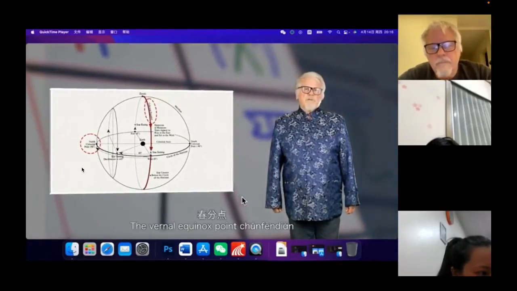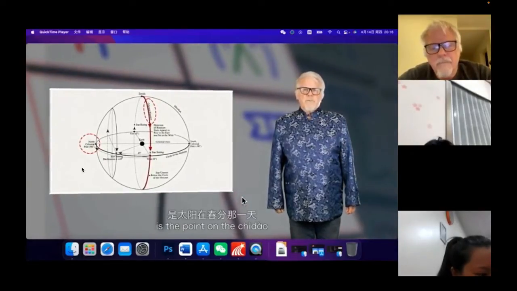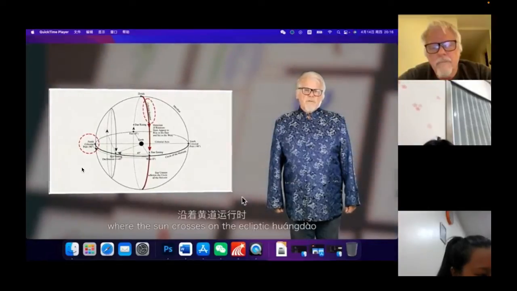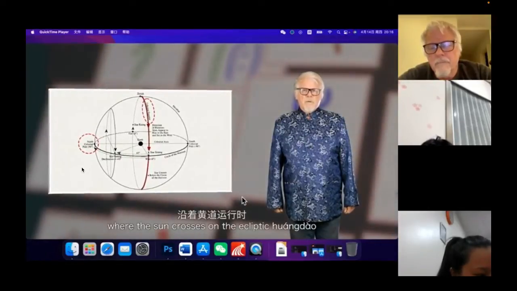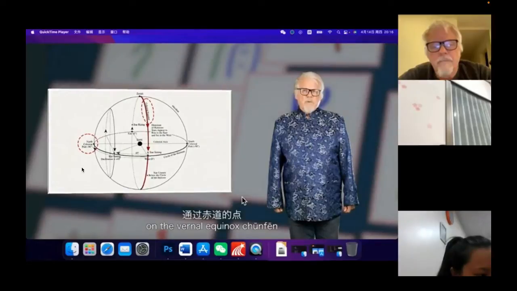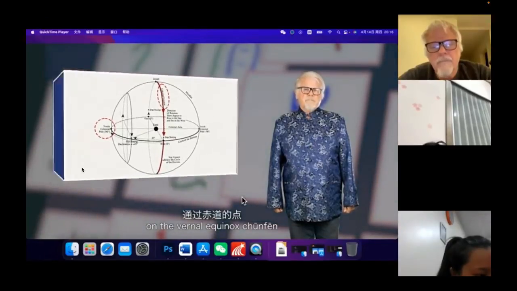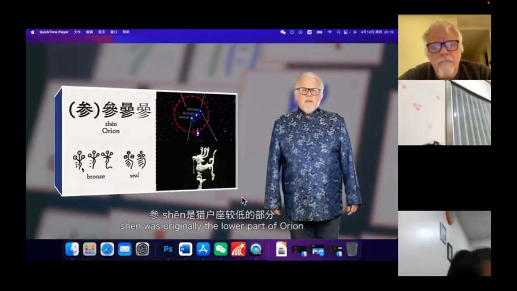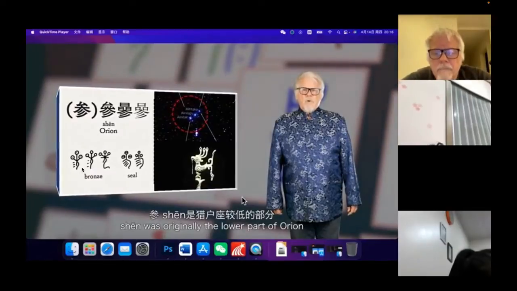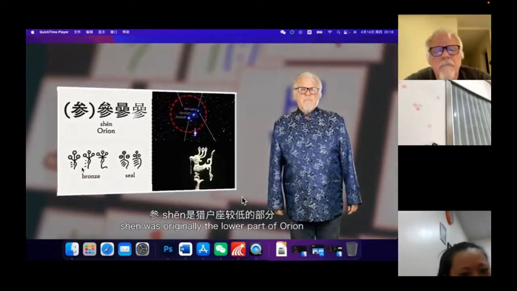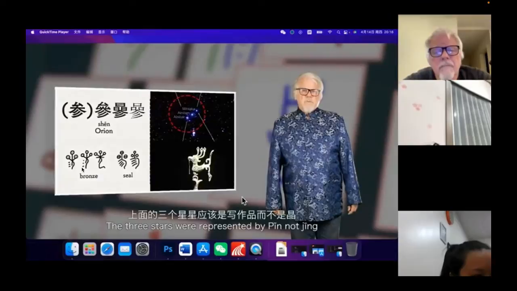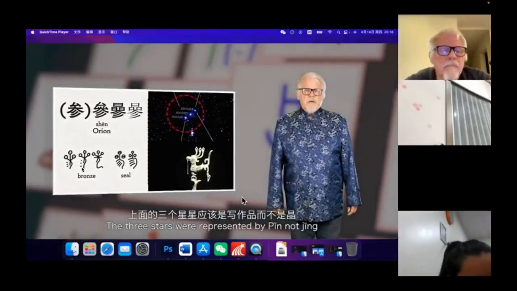The vernal equinox point, Chunfen Dian, is the point in the Chi Dao where the sun crosses the ecliptic, or Huang Dao, on the vernal equinox, Chunfen. Shen Orion was originally the lower part of Orion. The three stars were represented by Pin, Not, Jing.